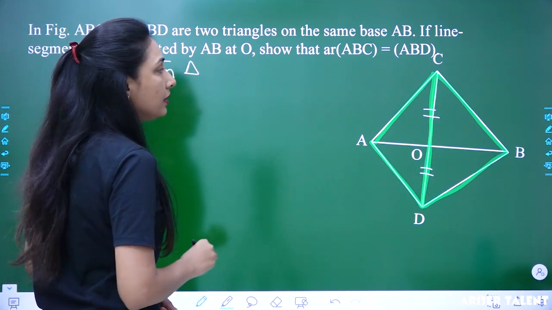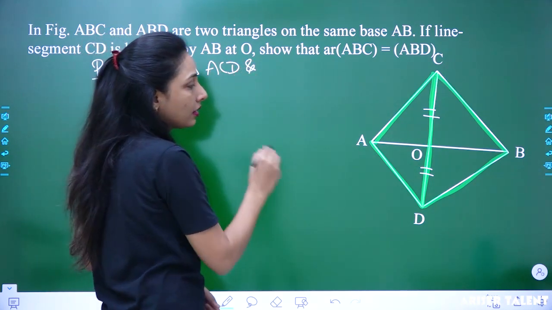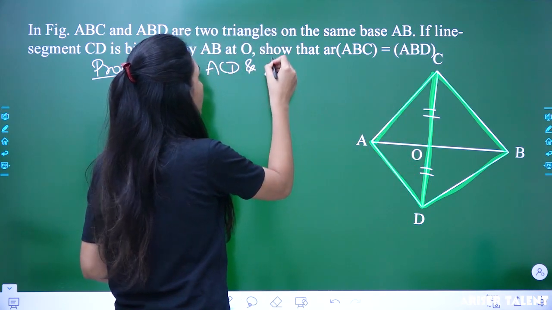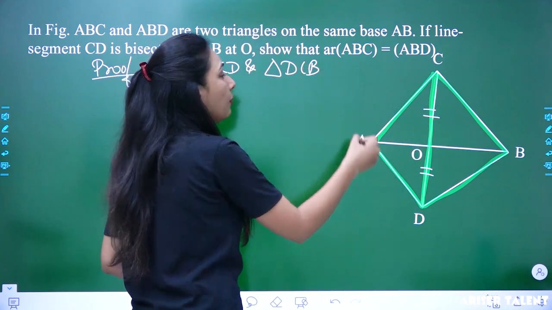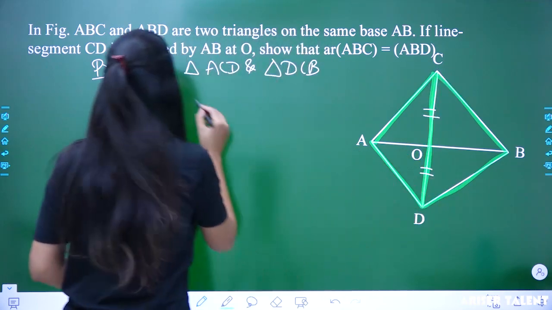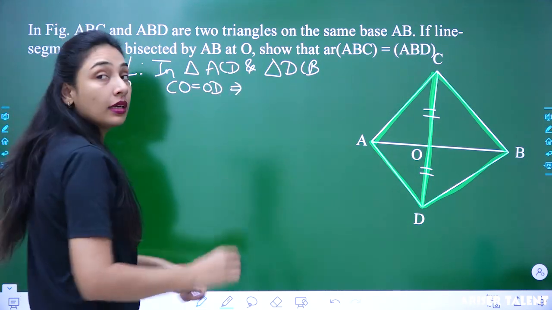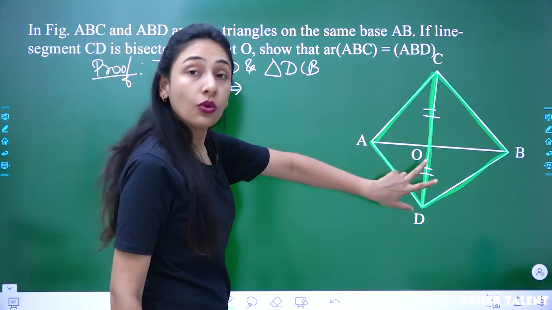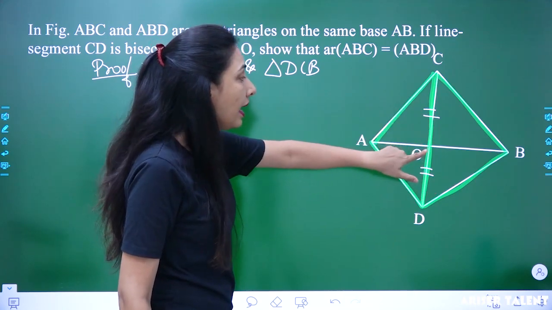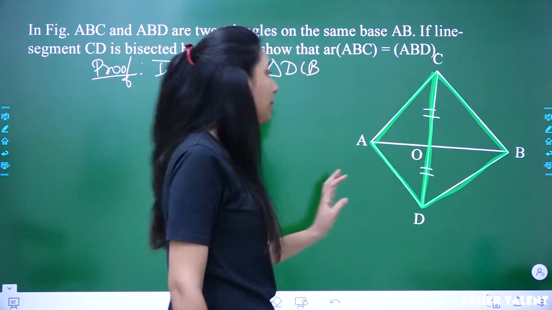In triangle ACD and DCB, in both the triangles, CO is equal to OD. That means O is the midpoint of this, and for that AO is the median here and OB is the median here.